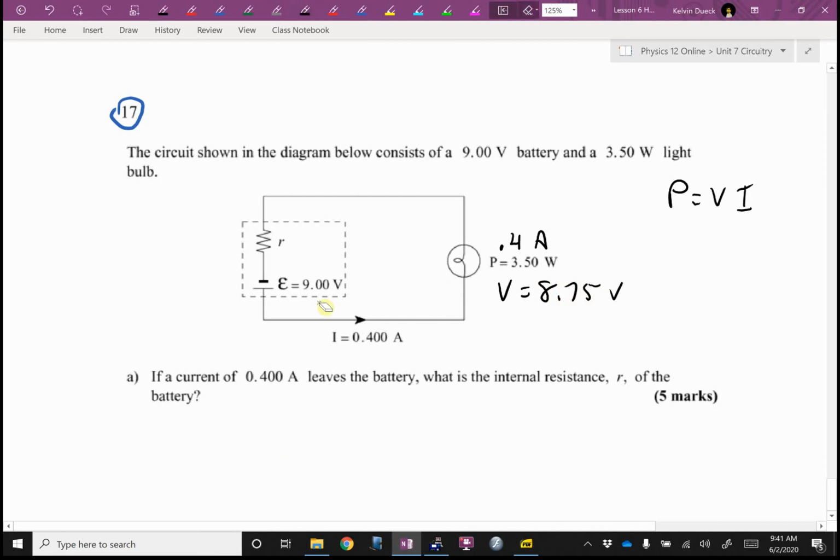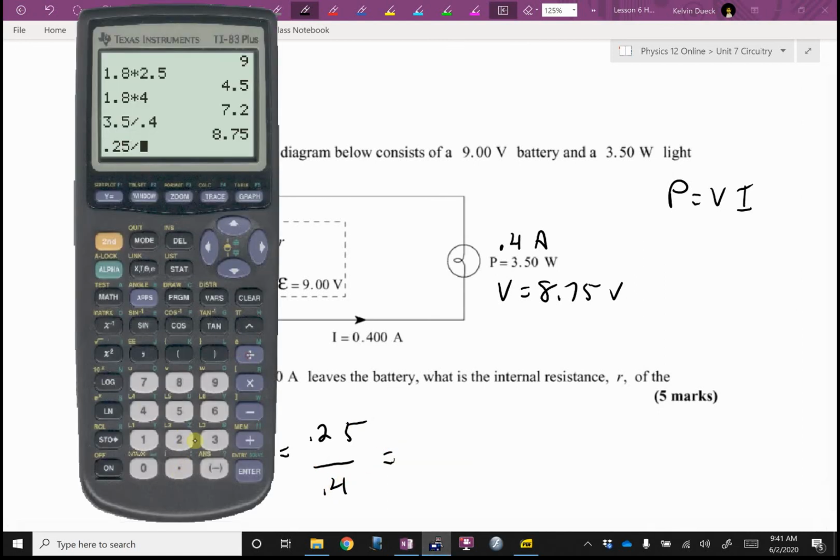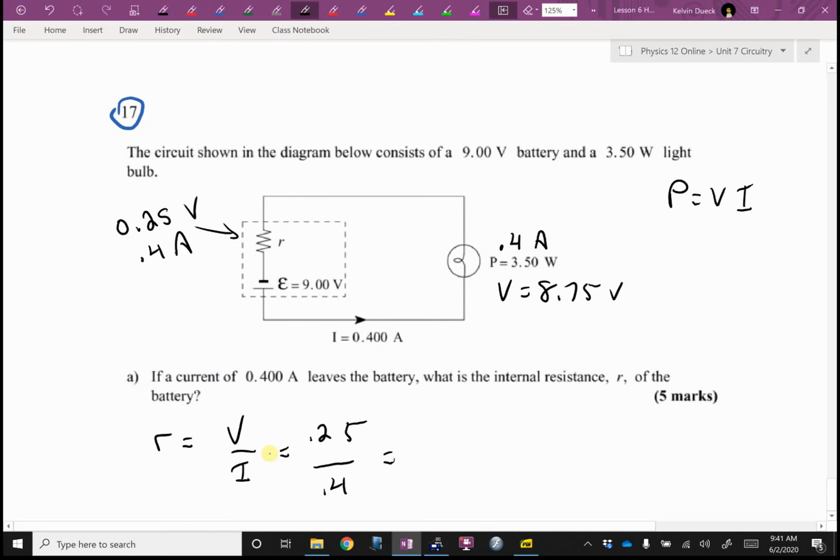They told me the EMF is 9 volts. I have 8.75 volts used up by this light bulb. That must mean I'm losing 0.25 volts, and I already know it's 0.4 amps, so little r is V over I. It's going to be 0.25 divided by 0.4, which is 0.625 ohms.